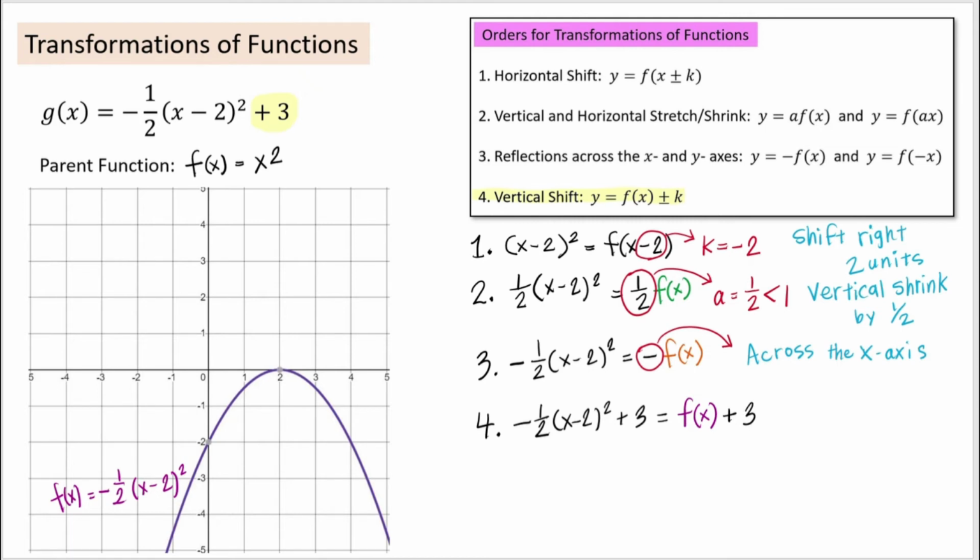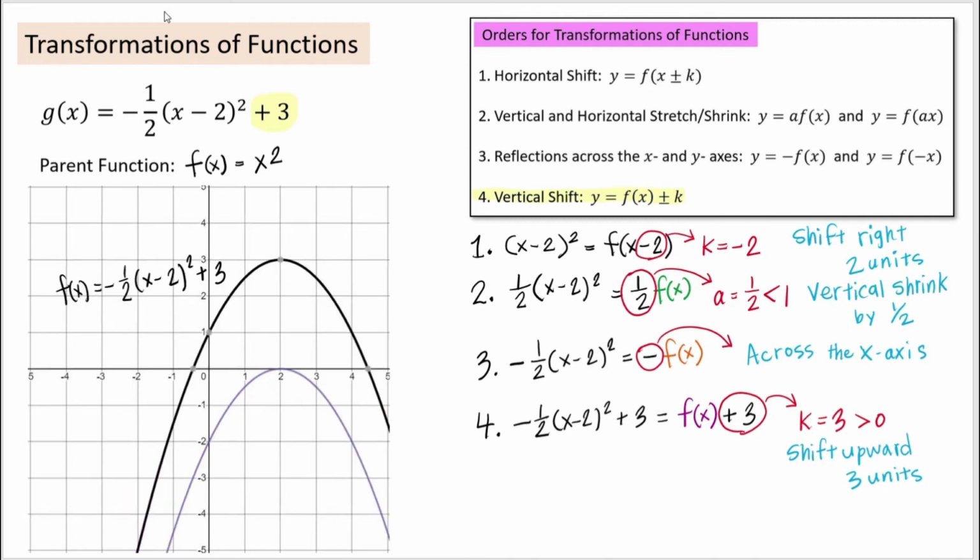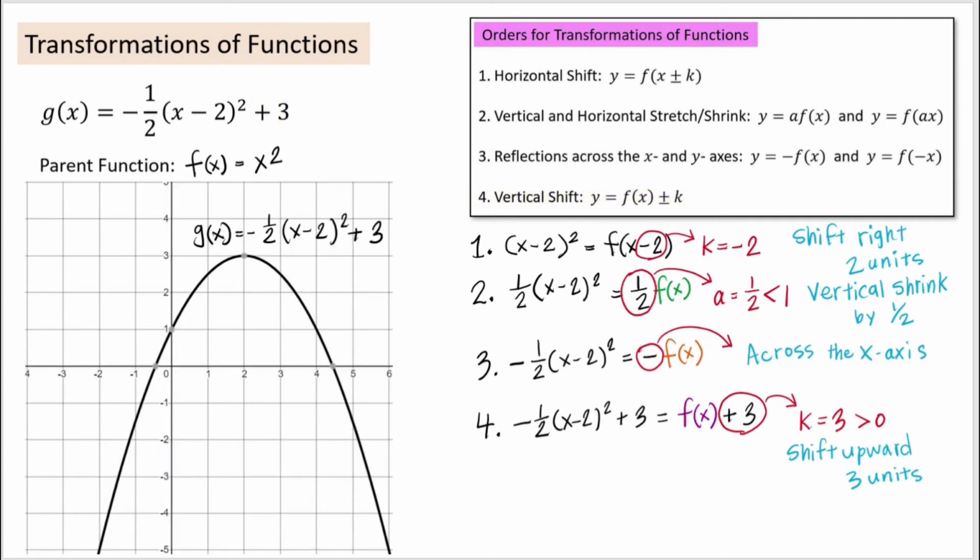In terms of the equation for vertical shift, k is equal to positive 3. So the function f of x is shifted upward 3 units. We get the function negative 1 over 2 times (x minus 2) squared plus 3. And this is the function g.